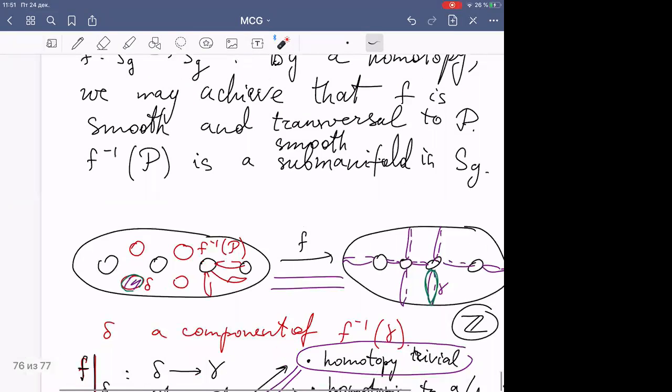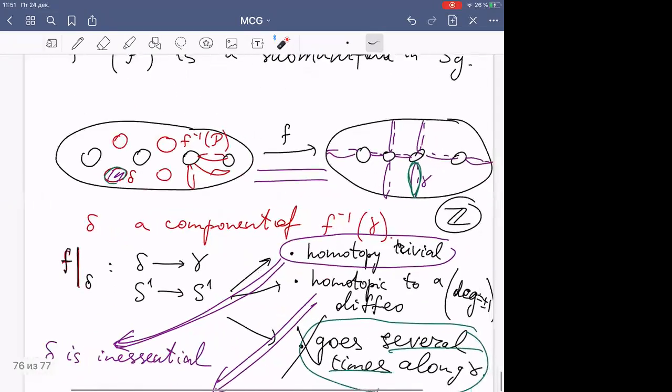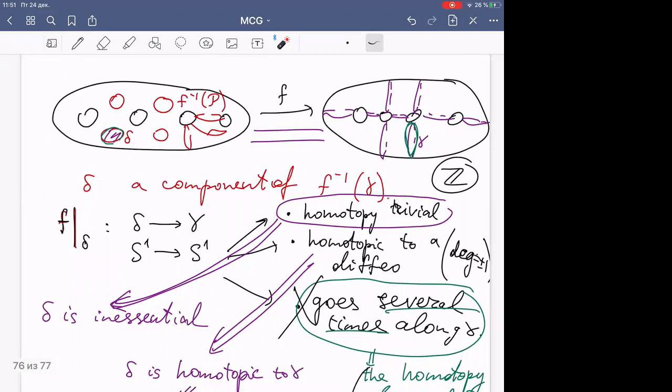Then the preimage of this pants decomposition is a smooth submanifold in our surface. And last time we argued that each connected component of this preimage is mapped by f to a certain connected component of the pants decomposition.